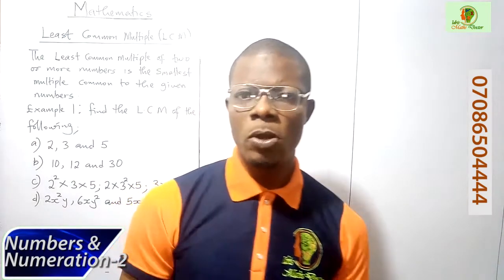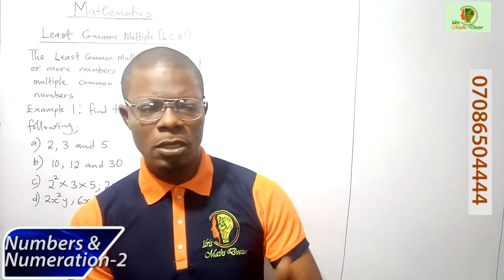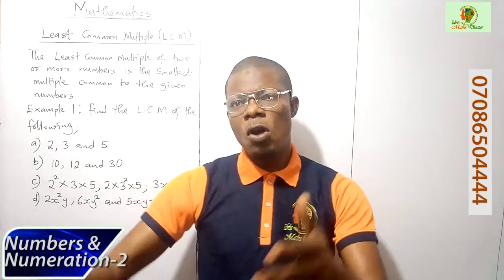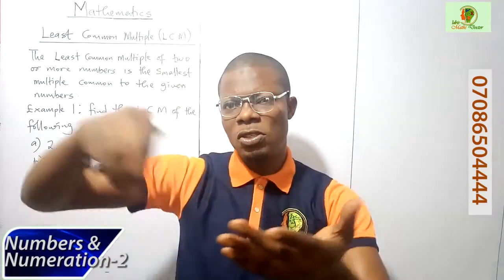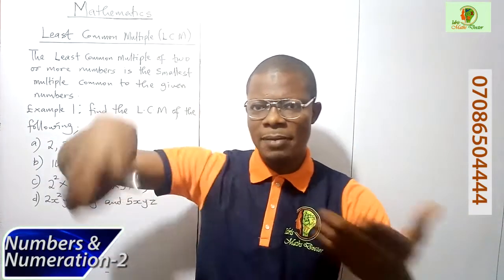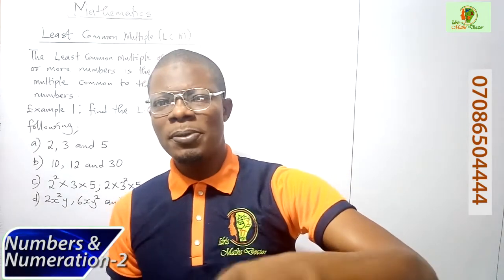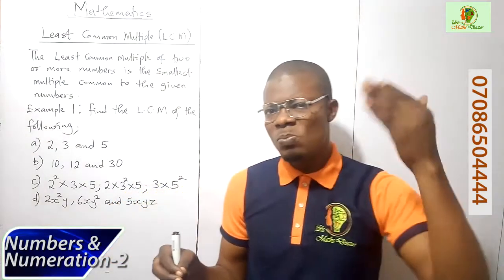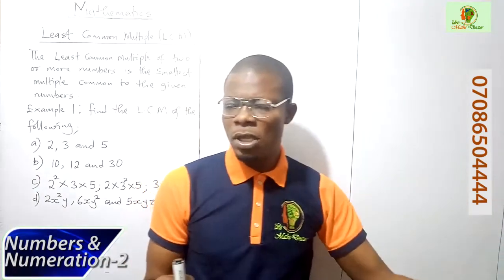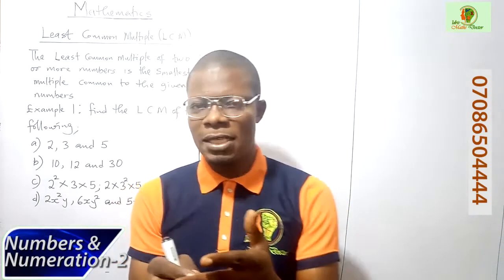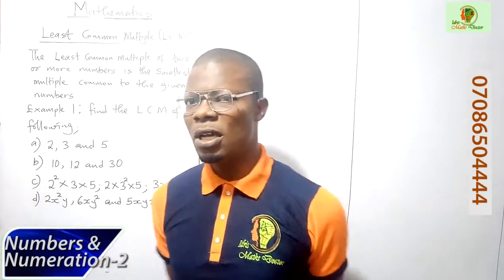When you say common, definitely you are looking at two or more. You want to bring out what is common between them. So the lowest common multiple is the smallest multiple that is common among the given numbers.